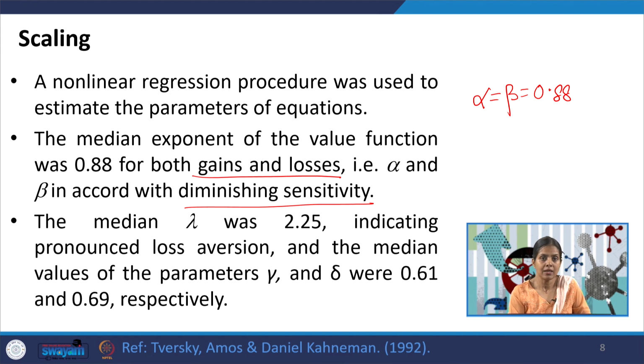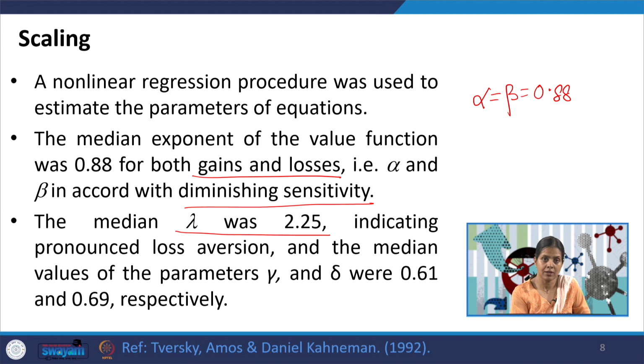The median lambda was 2.25, indicating pronounced loss aversion, and the median values of the parameters gamma and delta were 0.61 and 0.69 respectively. So, the median value of lambda being 2.25 implies that loss aversion was actually observed, and a loss pinched 2.25 times more than the pleasure that you would get from a gain.